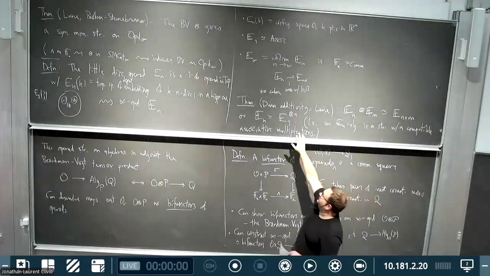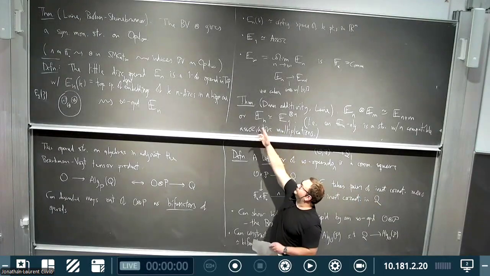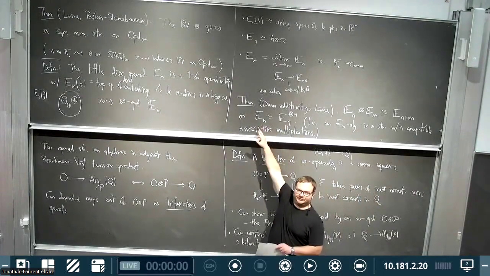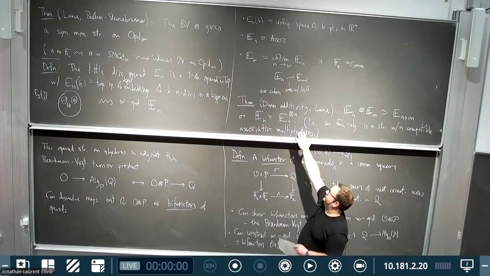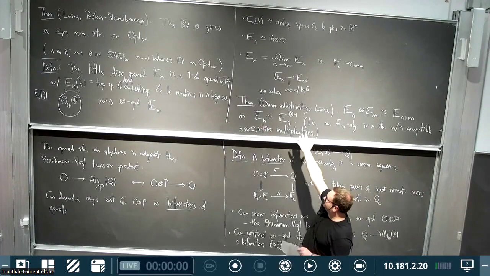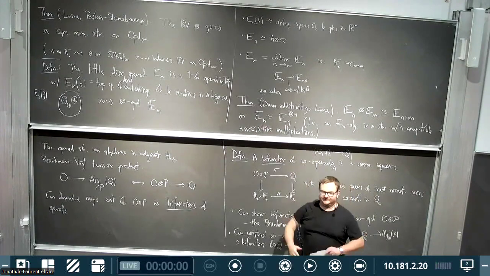So if you say it in this way, we've described this geometrically or topologically defined operad E_n in terms of something that is essentially a combinatorial object. We just have the associative operad and tensor together n copies of it.